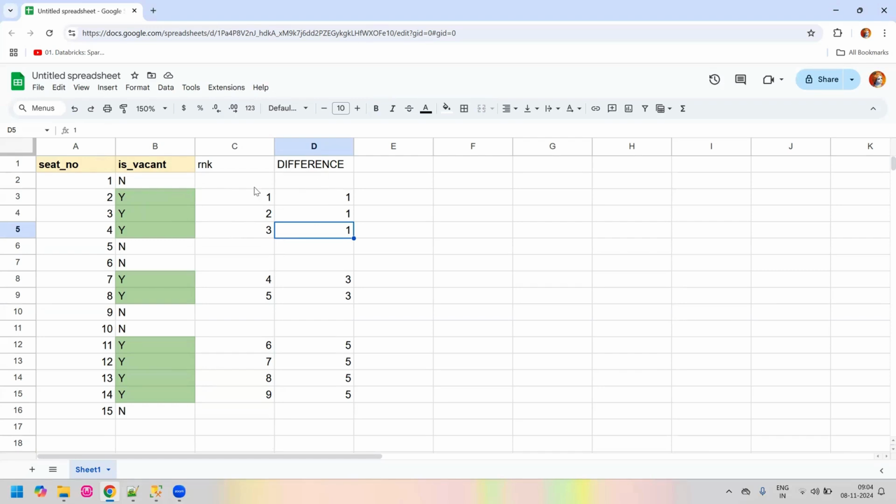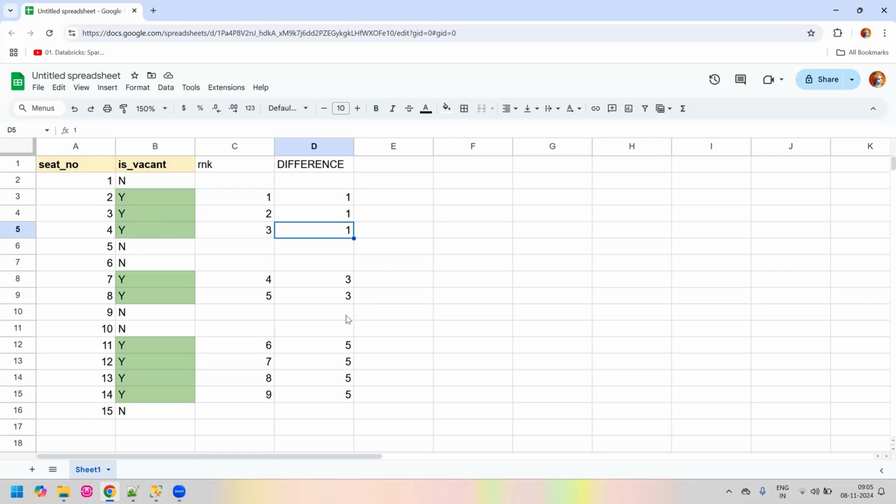If we reach this state, we are almost close to the solution. What we need to do is count the number of entries in each of these groups. Wherever the difference is 1, how many entries are present? If it is 3 or more, we need to include it in the output. Here there are 3 entries, so this will go in the output.